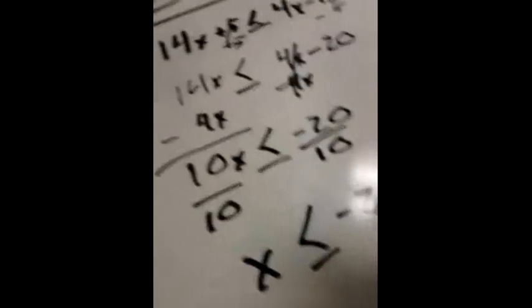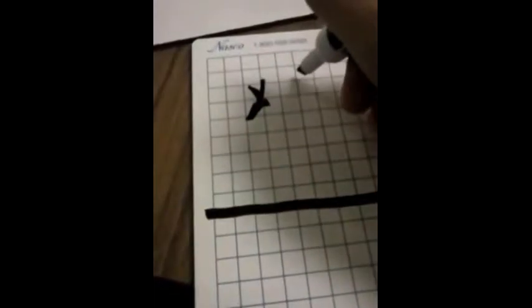Alright, here's our graphing board. Let's draw a graph. Okay, so x is less than or equal to negative 2.